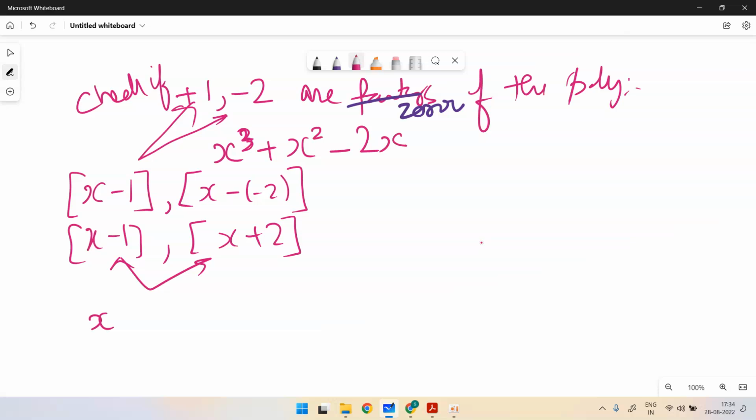Then if you multiply, this is x square plus 2x minus x minus 2, which is x square plus x minus 2.